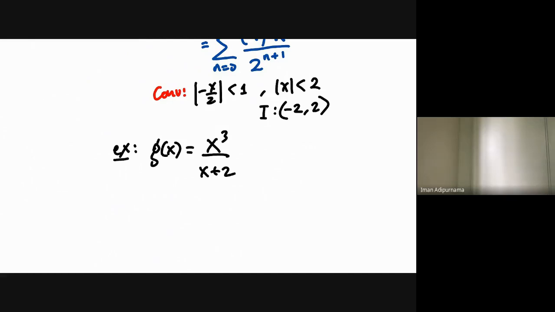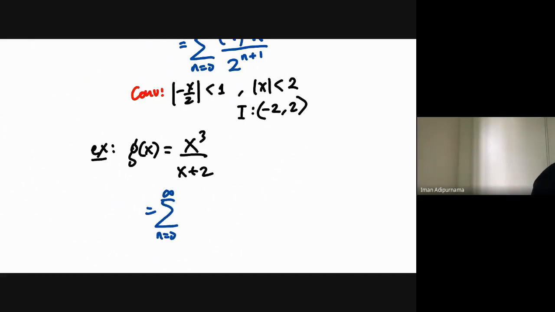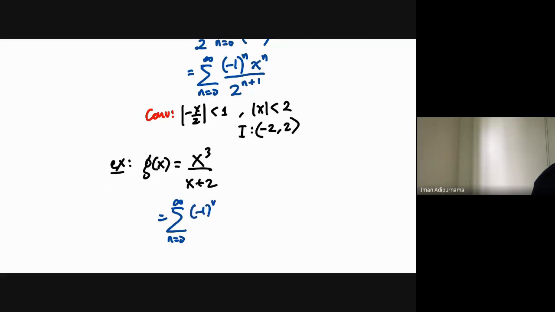So if you see any form where you already found the sum for the bottom part, what you need to do is just multiply x cubed to the sum. So this will result in the sum. Let me just write the previous part, and because we multiply by x cubed, it's x to the n plus 3. And that's it.